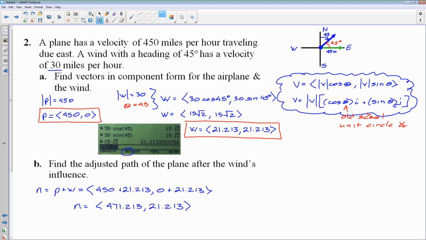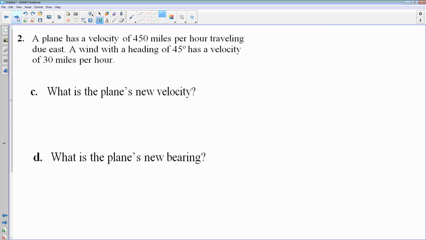So we have that new vector for the plane. And now the other two questions coming up on the next page are what is the plane's new velocity and what is the plane's new bearing?